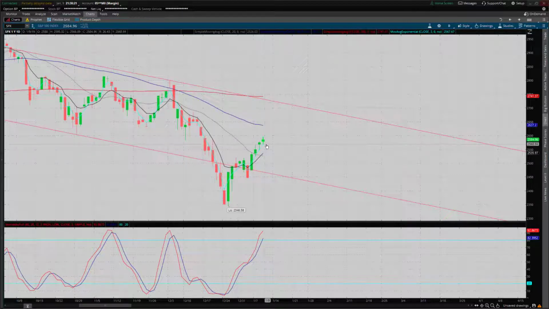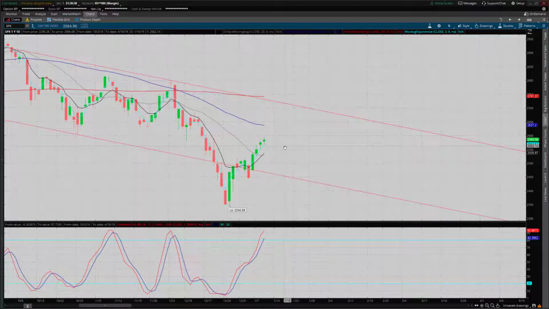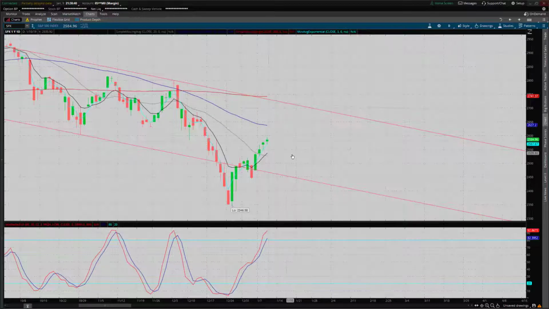So the first sign will be breaking that very, very short-term pattern of taking out the low of this doji. So today's low at 2568.89. That'd be the very early sign that, okay, we've at least broken this higher low pattern, and then we'd be looking for more significant continuation down.